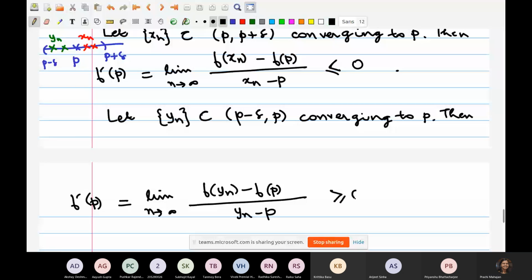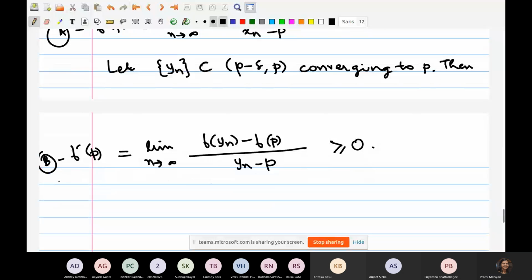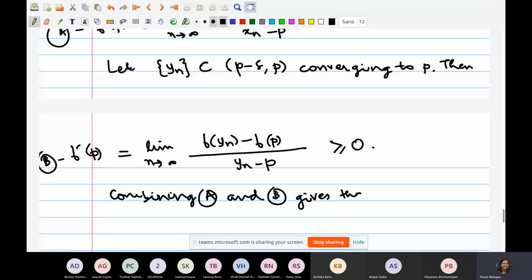If you put together these two inequalities, this proves that the derivative of f at the point P must be 0. Let's write this as inequality A and this as inequality B. Combining A and B gives that the derivative of f at the point P must be 0, and that's all. We are done.